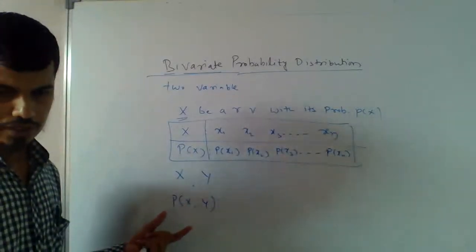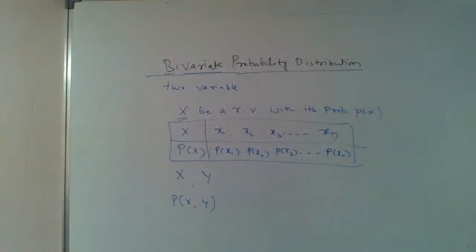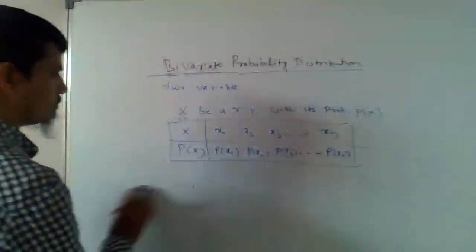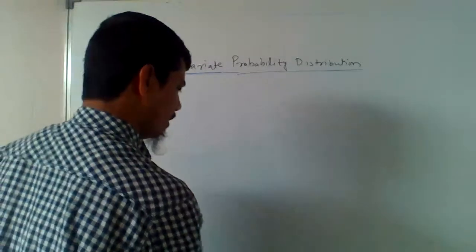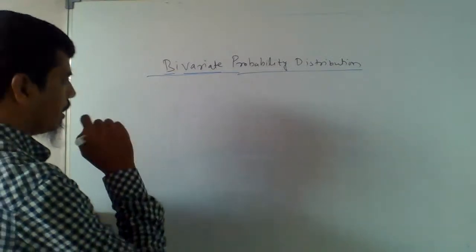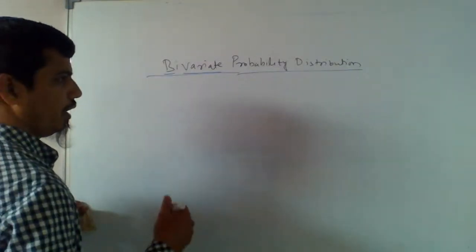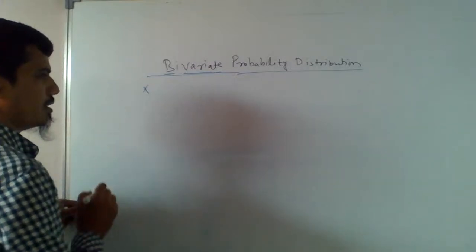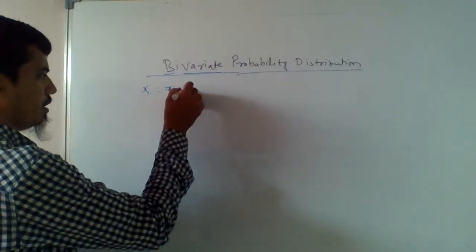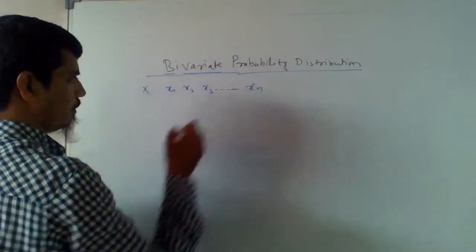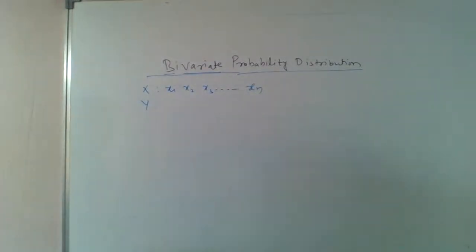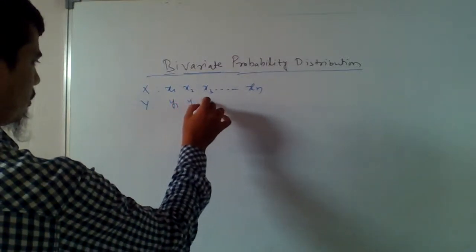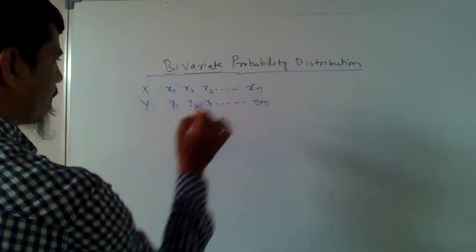Let us see one example. Suppose we consider one random experiment. X is a random variable which takes values x1, x2, x3, and so on up to xn, and Y is another random variable which takes values y1, y2, y3, and so on up to ym.